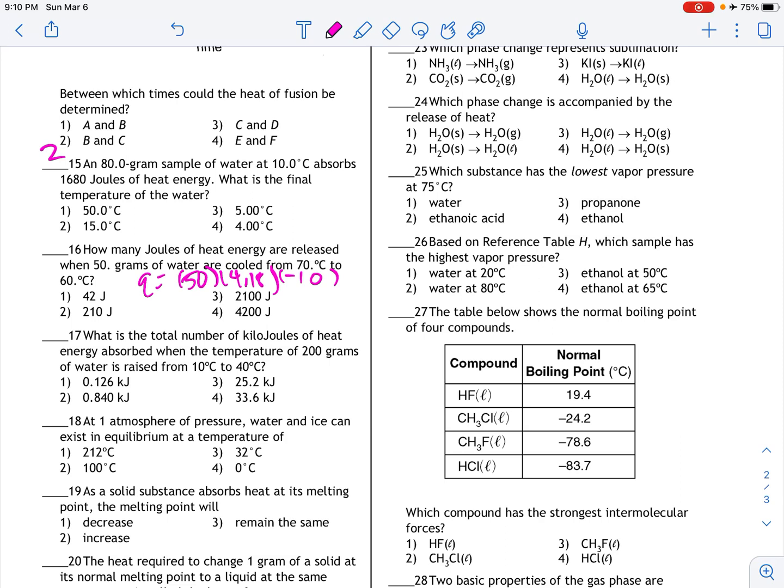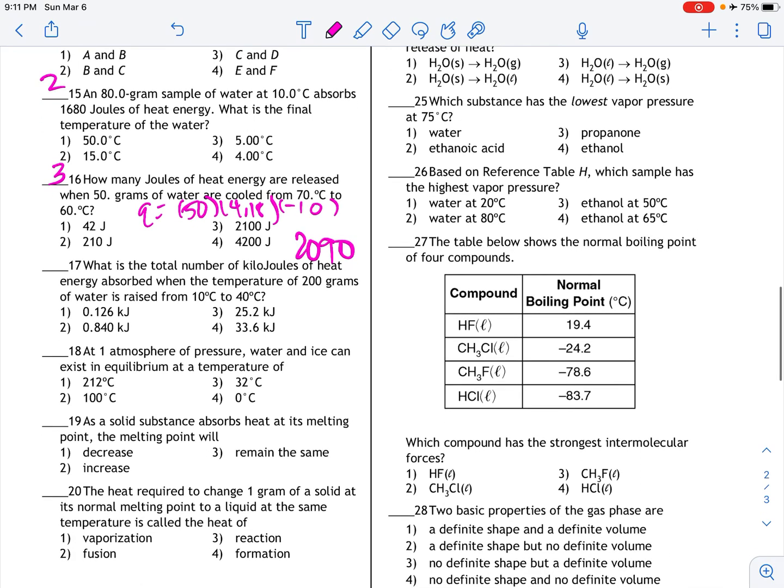So 50 times 4.18 times 10 or negative 10 is 2400, which is, what did I do wrong? I should get 2100. Oh, oops, I wrote 4.8. 50 times 4.18 times 10 is 2090 on the calculator, so round it to 2100.